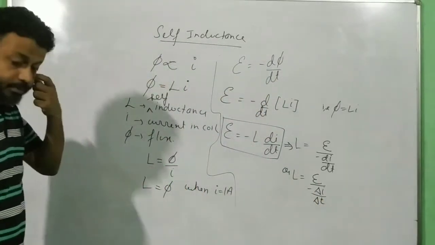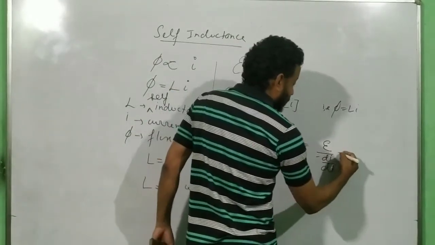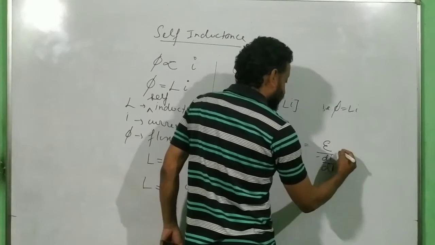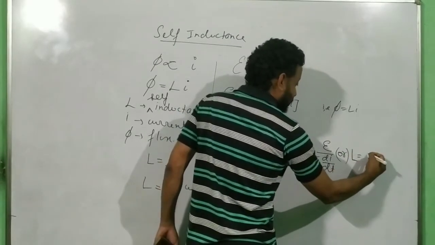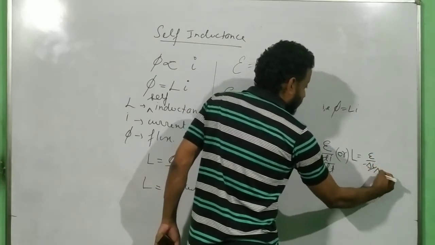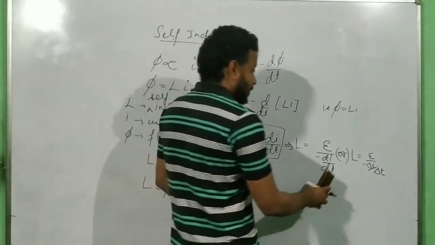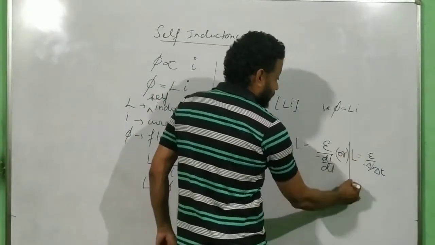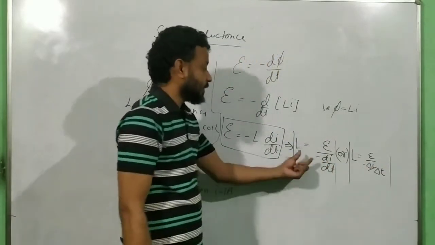Just write it at the top. L is equal to EMF divided by minus delta I by delta T. Now, how will you define self-inductance?